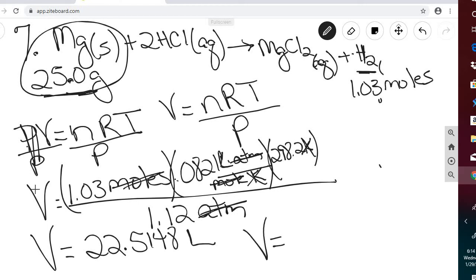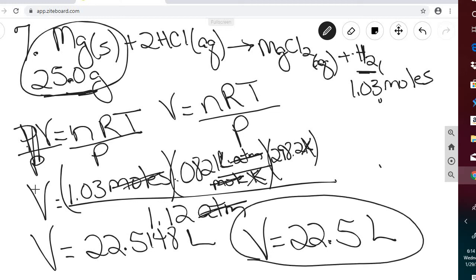So our final answer would be 22.5 liters. Okay, so the liters of hydrogen gas, which is what we were asked to find. So this reaction, proceeding this way, would produce 22.5 liters of gas.